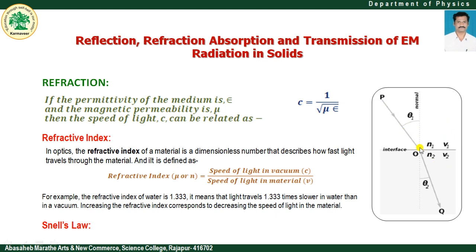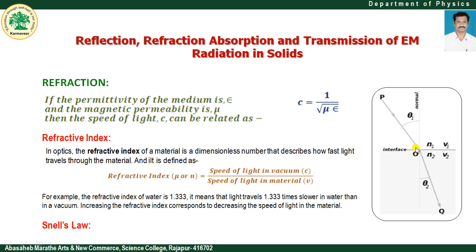Okay, here we can see the incident radiation, or the photon, is incident on the material surface, and this electromagnetic radiation or the photon is interacting with the material medium here. So while the photon is crossing the interface of the material, the speed of the photon decreases here, and the beam of photon changes the direction here.